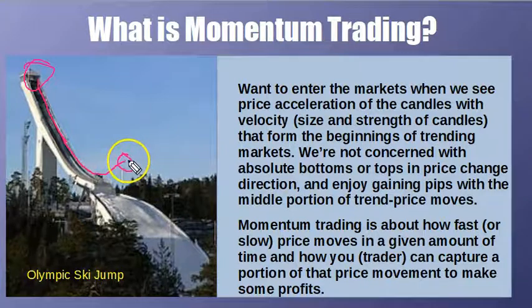Gravity is going to start pulling the skier back down, right? So we have an acceleration of momentum here. So we can say momentum is increasing. Now all of a sudden, the skier comes back down, and momentum is now increasing on his downward journey, right?